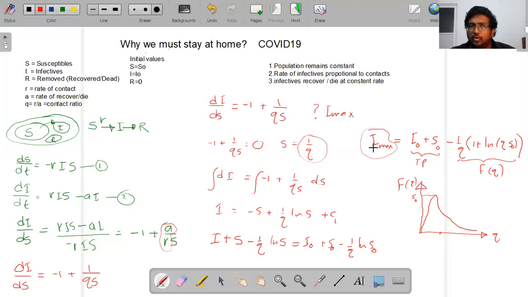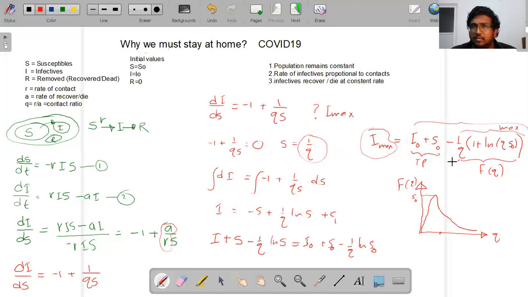But if you really want to reduce this one, I mean, this denotes our country's maximum infected number. Maybe this is not now, it is in future. So if you want to reduce this value, you have to minimize this part. When you are minimizing the whole thing, this part must be maximized. Then only we can minimize this part.